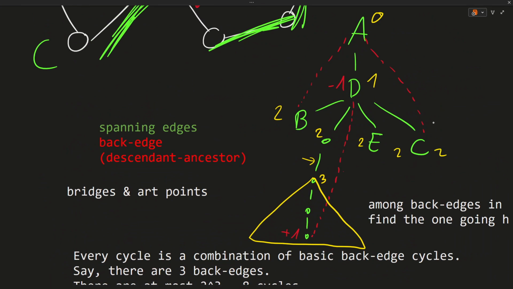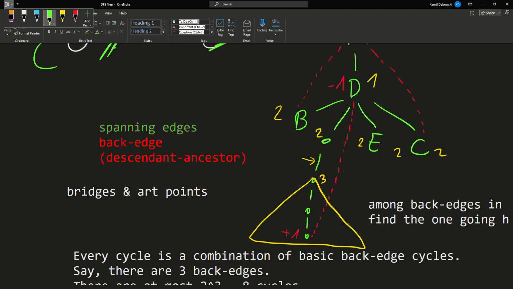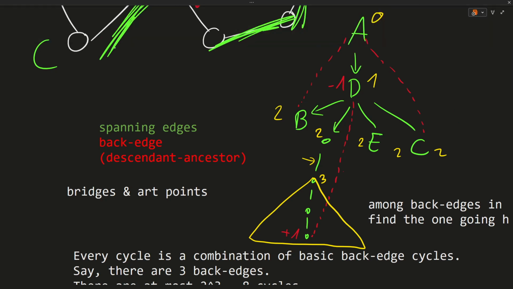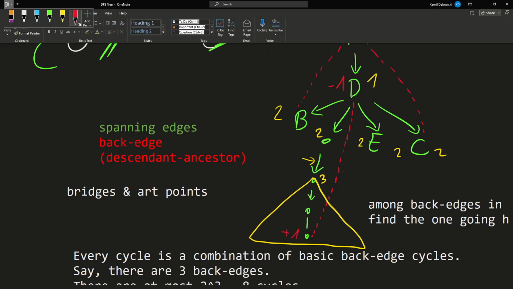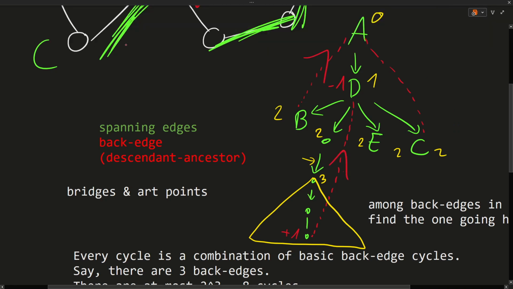Assuming that there are no bridges, then the easiest thing that you can do with this DFS tree is just direct everything down, and red edges direct up. And that's it. Now you can get from anywhere to anywhere, unless there is a bridge. With green, you are guaranteed that everything is reachable from the root.